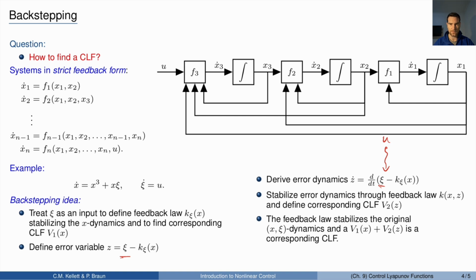For higher order systems, we would need additional steps, but in this case, we would now have the input u appear in the error dynamics, which means we can define a stabilizing controller for now the error dynamics, which can depend on x and z, and we can define a corresponding control Lyapunov function depending on z.